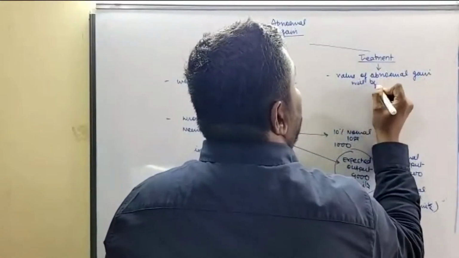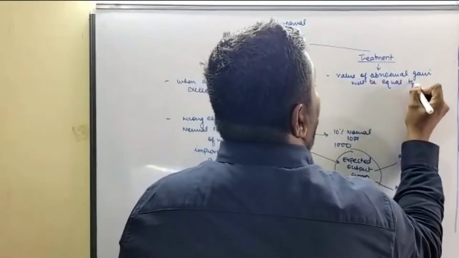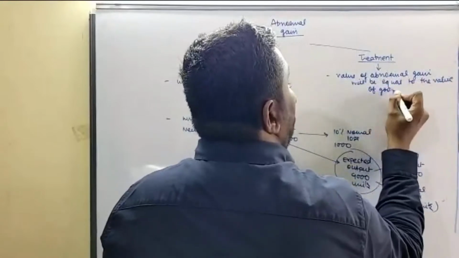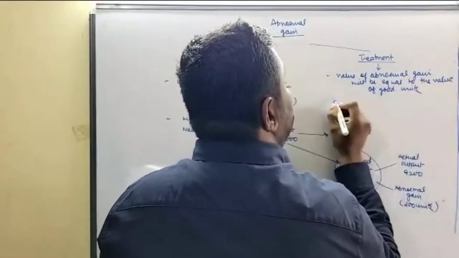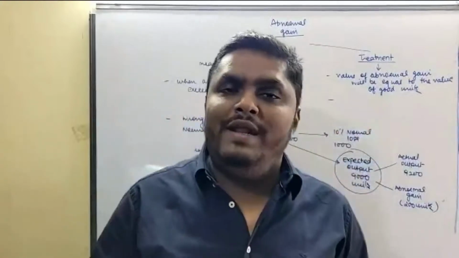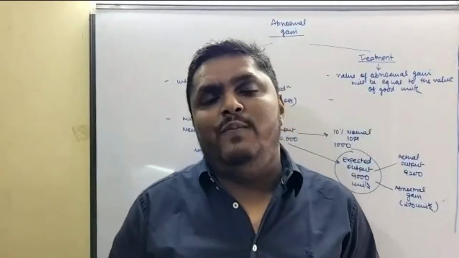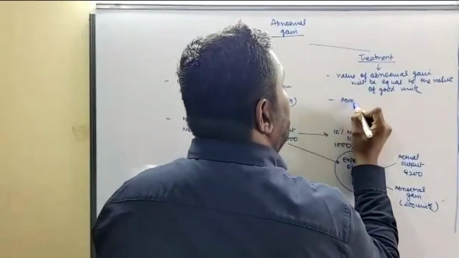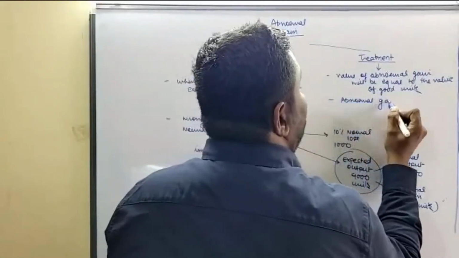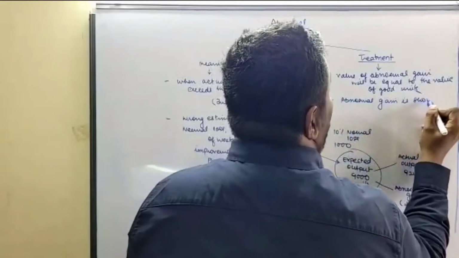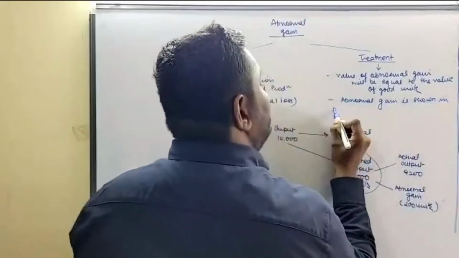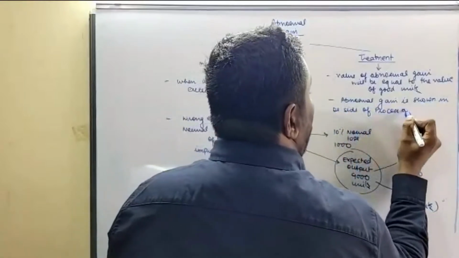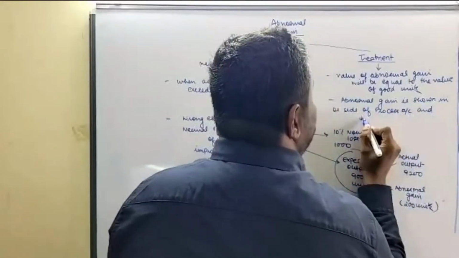Further, abnormal gain is shown in the debit side of the process account and thereafter transferred to costing P&L.